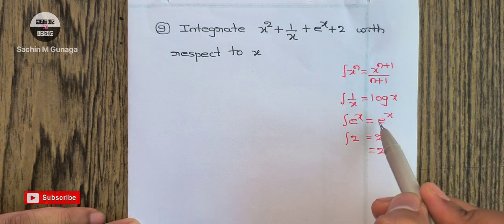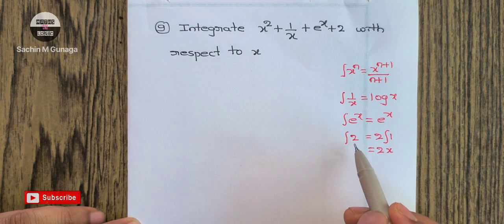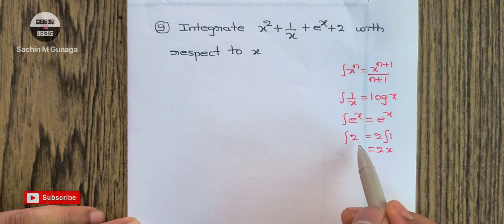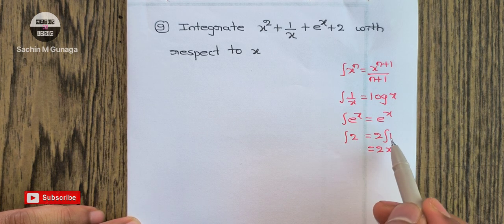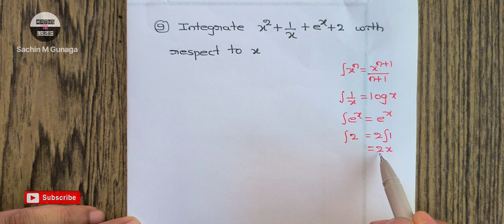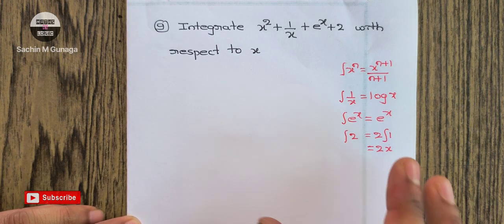E power x integration is e power x, and in integration if a number comes, we need to take that number outside. If I take this number outside, then the remaining value is 1, then this 2 as it is, and integration of 1 directly goes to x.